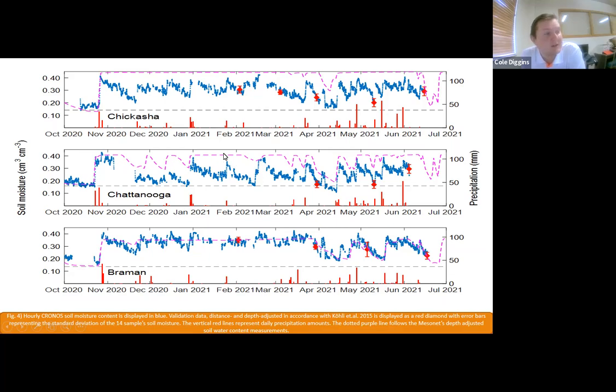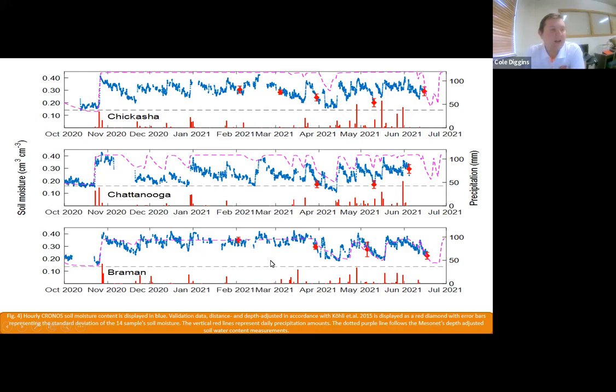So this is what the Oklahoma Mesonet was detecting as the soil moisture. So these are the nearest Mesonet sites. And the black dotted line that we see here is the wilting point. So this is the wilting point for each of these particular fields, the permanent wilting point, I should say.